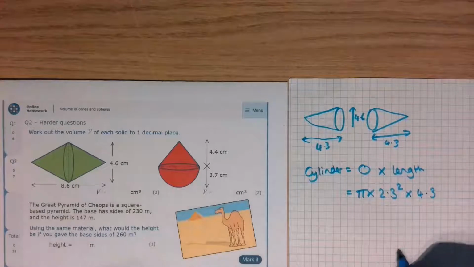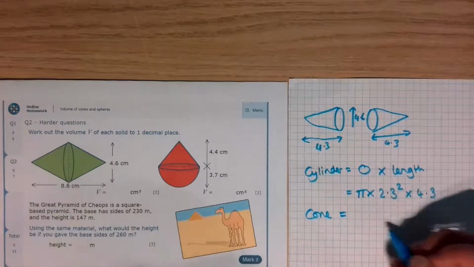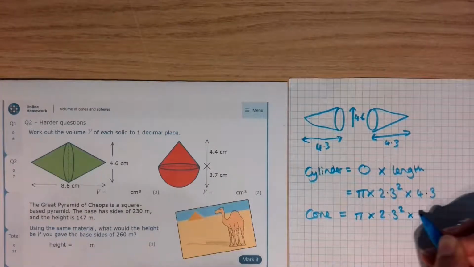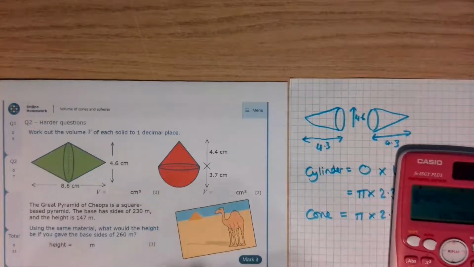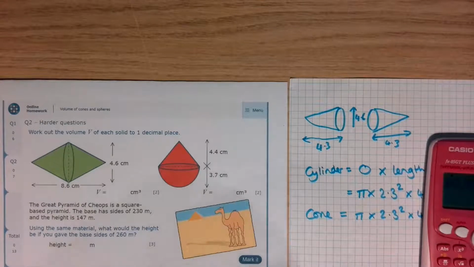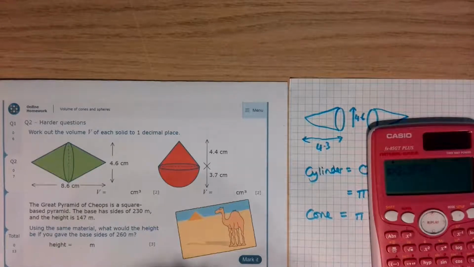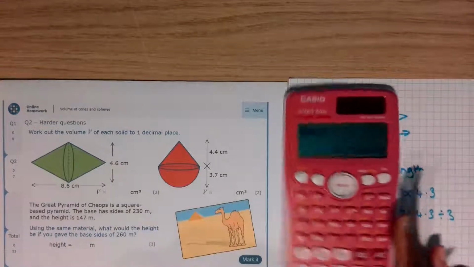We're not interested in the cylinder, they're cones for goodness sake. So make them into cones. How do we make them into cones? We divide them by 3. And that goes into my calculator. Pi times 2.3 squared times 4.3 equals 23.8.